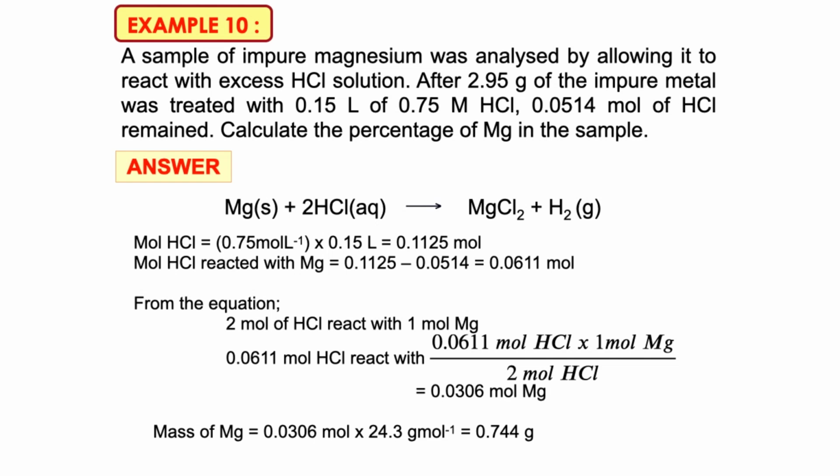So the mass of the magnesium used to react with the HCl is 0.744 gram, and for the percentage of magnesium in the impure magnesium, 0.744 gram over 2.95 gram, which is the mass of the impure metal of the magnesium, times 100. So the answer is 25.2%.